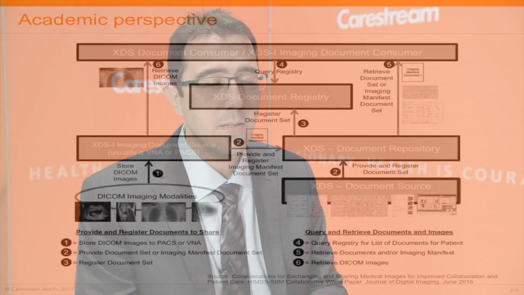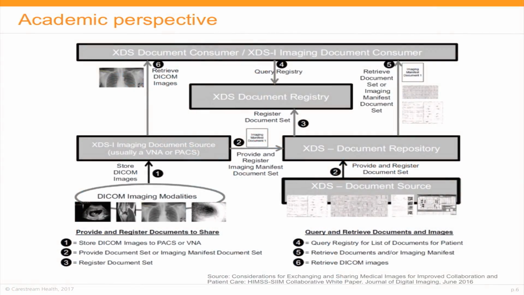When we talk about an XDS or XDS-I network, there are several actors that participate within that network. Obviously, there is the XDS source, or when we talk about imaging, the XDS-I source. This could be the modality itself, but if the modality doesn't connect directly to the XDS network, it could be the PACS or the VNA representing the source.